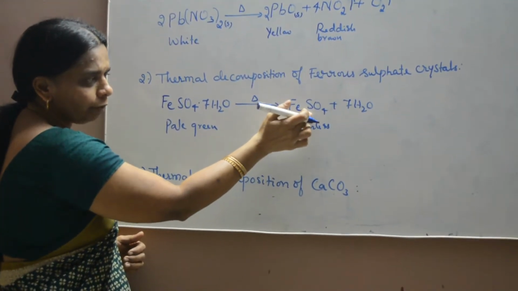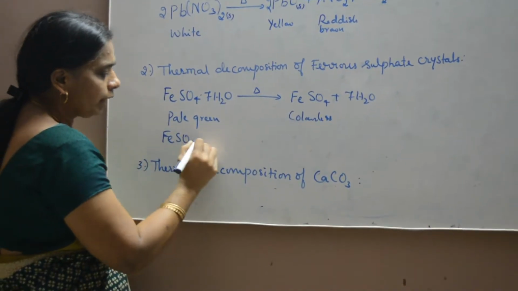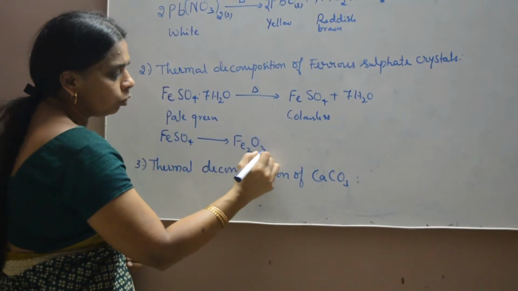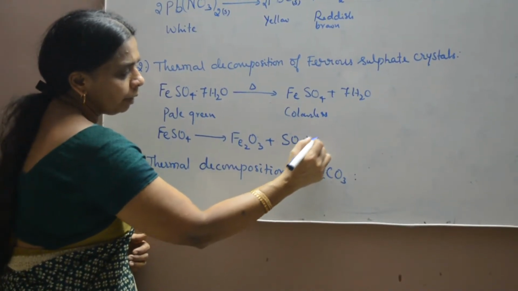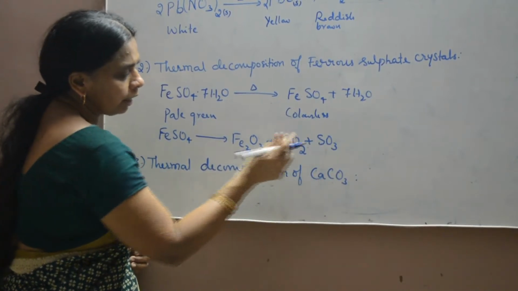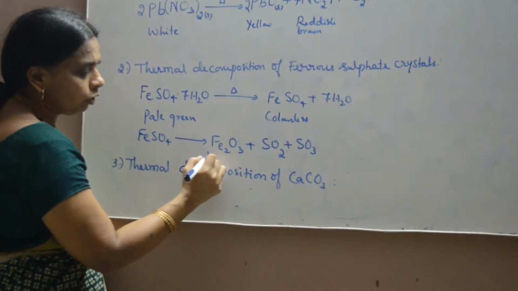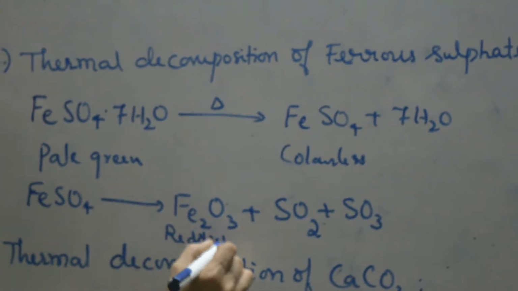Still on heating the ferrous sulfate, FeSO4, what we get is ferric oxide, Fe2O3, plus sulfur dioxide plus sulfur trioxide. The ferric oxide is reddish brown in color. You should know the color also.